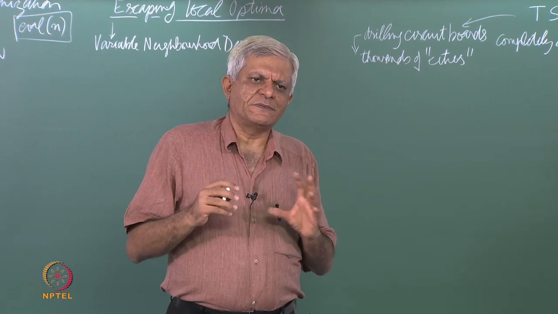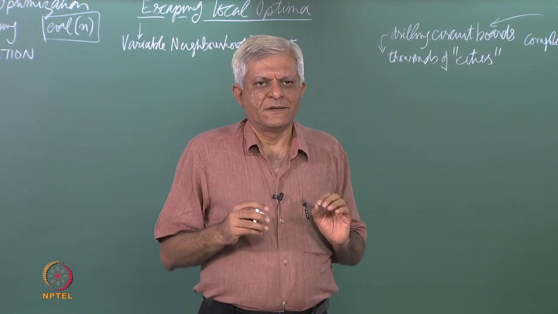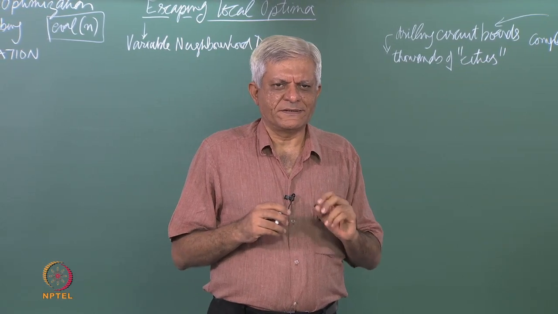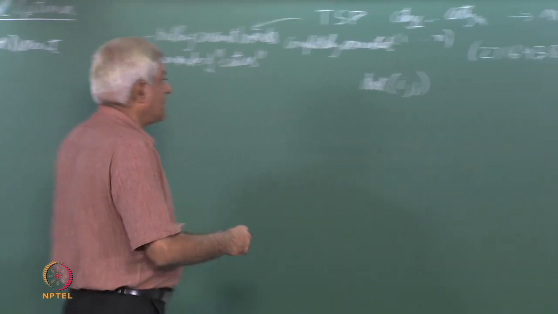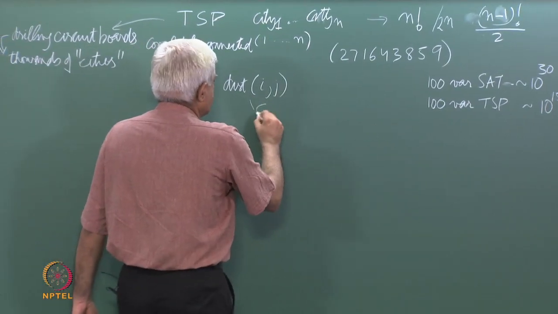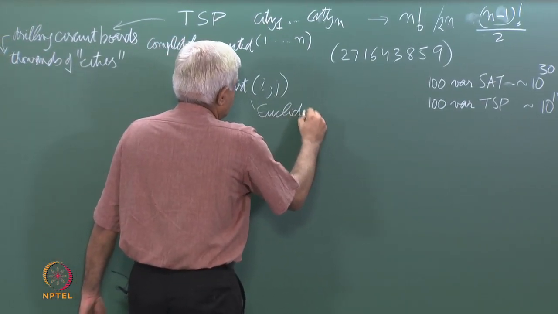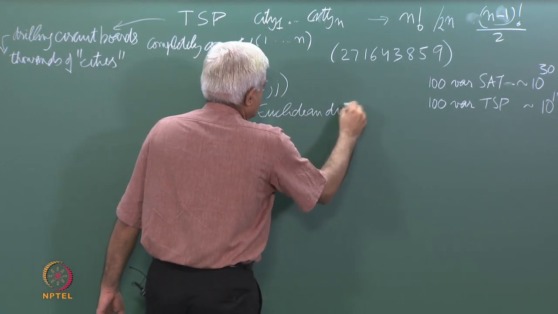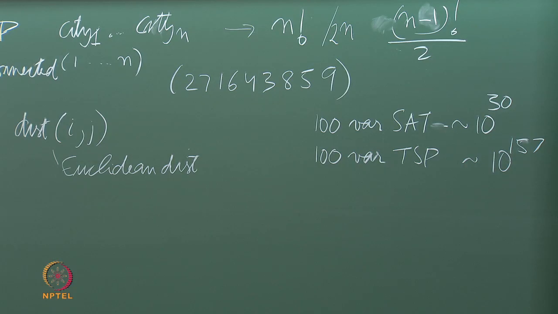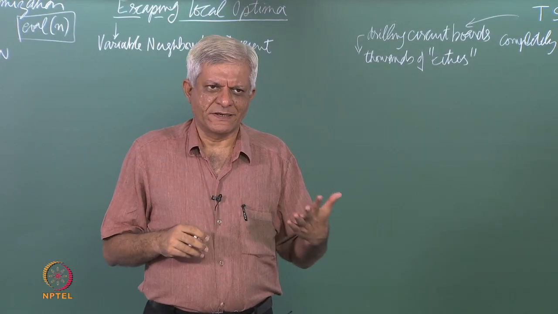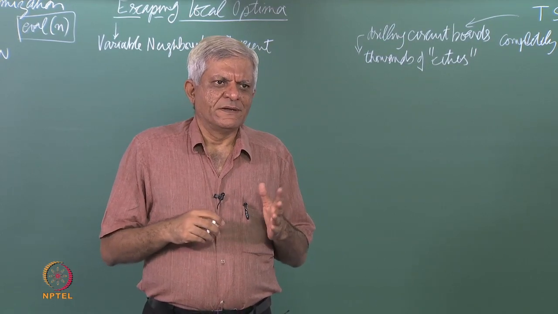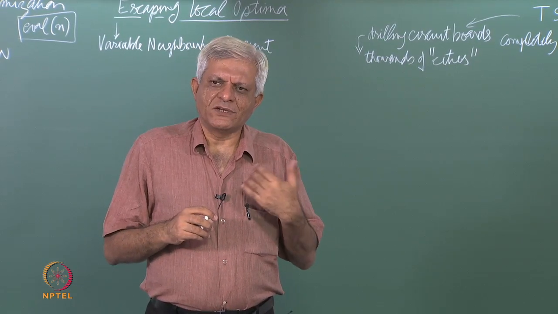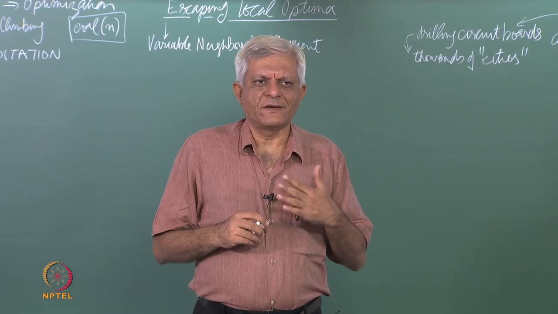But sometimes the problems are not so arbitrary, in the sense that distances are not necessarily arbitrary. One simple example is the Euclidean distance. If you are manufacturing a circuit board, then you can think of the distance as a Euclidean distance, and then at least intuitively you can imagine that you will be able to find a good solution.